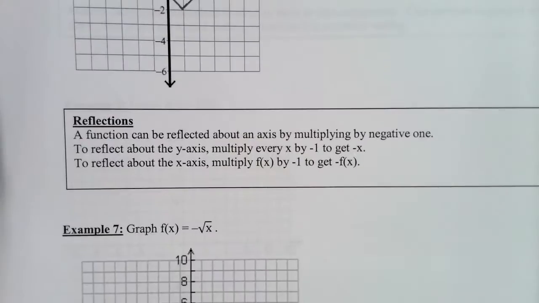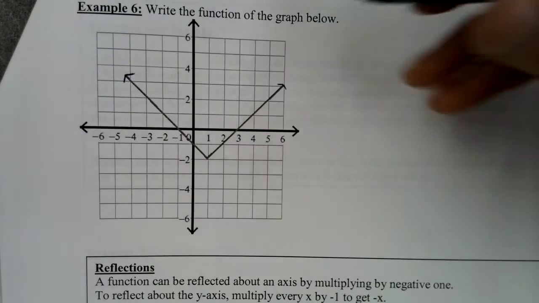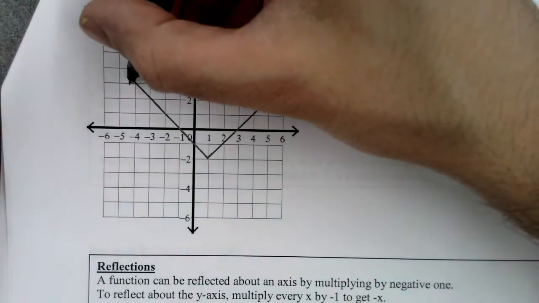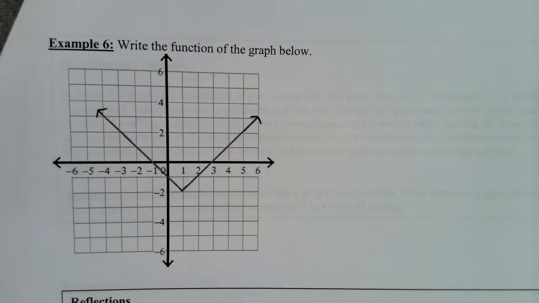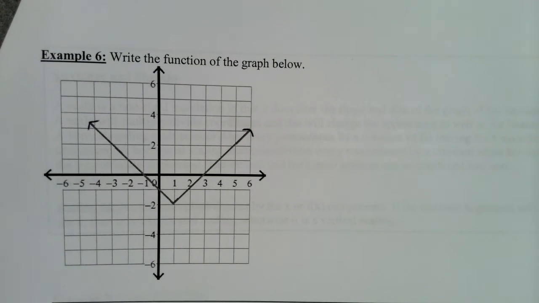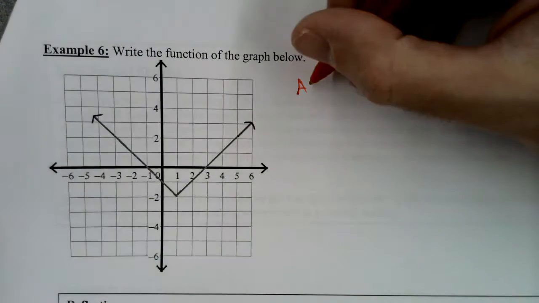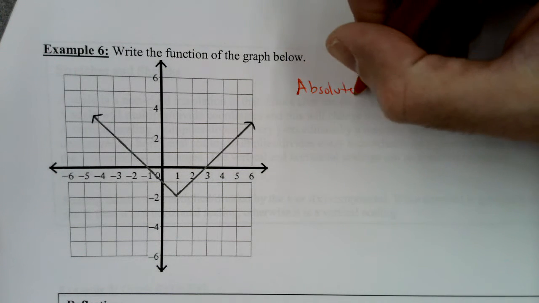Okay, let's do one more like that. Example 6. Your graph doesn't have these arrows. Same thing for the last problem. Draw them in. Okay. This is going to be the absolute value parent function. Think back to last class. This is the absolute value parent function.